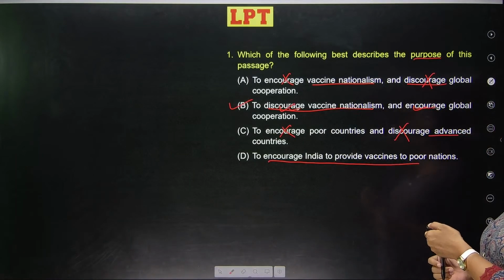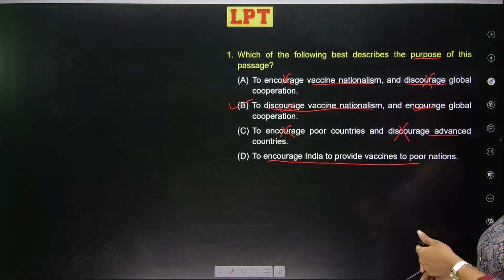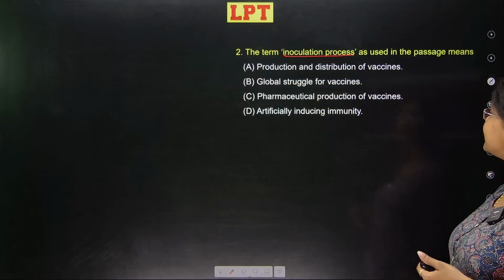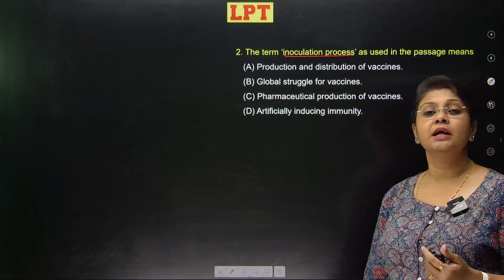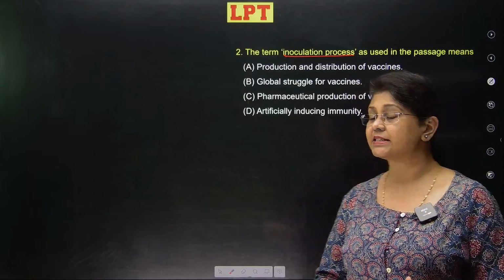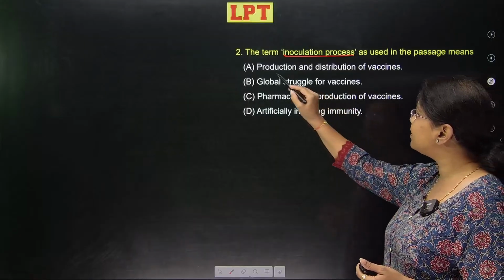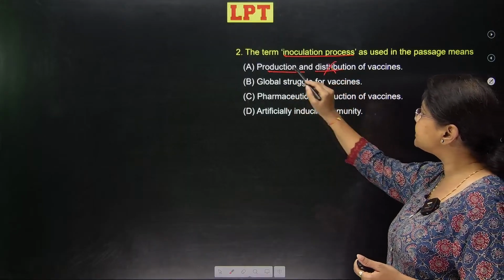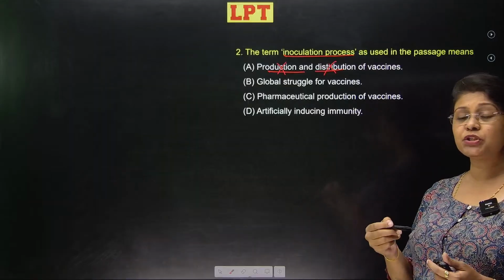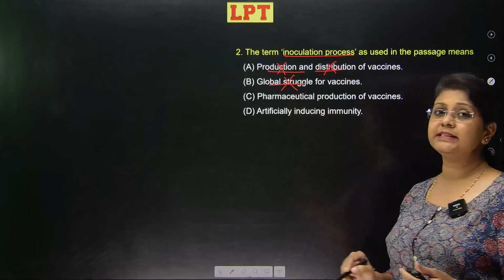Let's have a look at the next question now. First one is done. It says the term inoculation process as used in the passage means. Now guys, for those of you who know that inoculation is just another word for vaccination, let's look at the options here. It says production and distribution of vaccines. Inoculation simply means vaccination. It's not about production and distribution of vaccines, so that is cancelled out. Global struggle for vaccines.